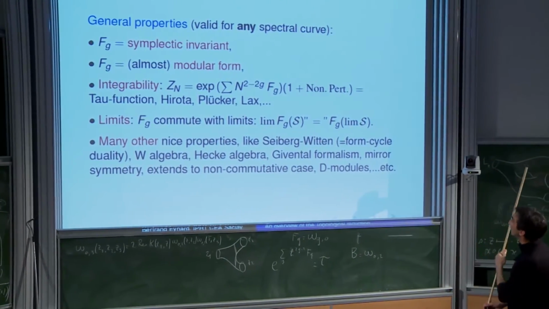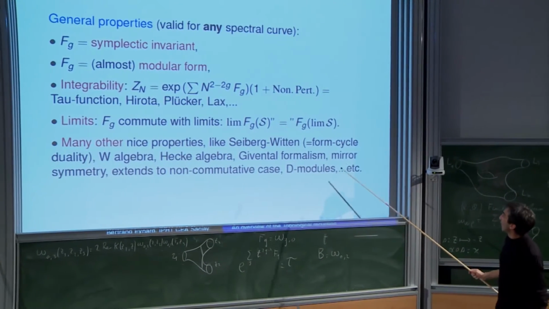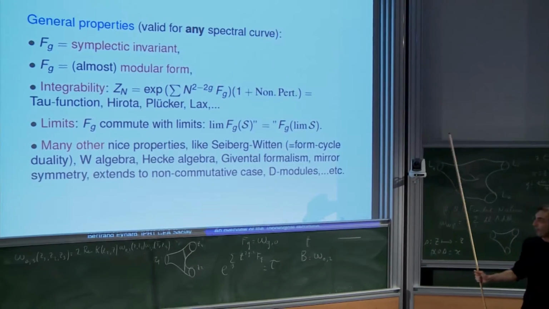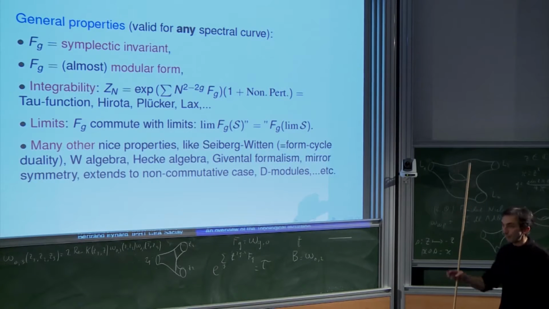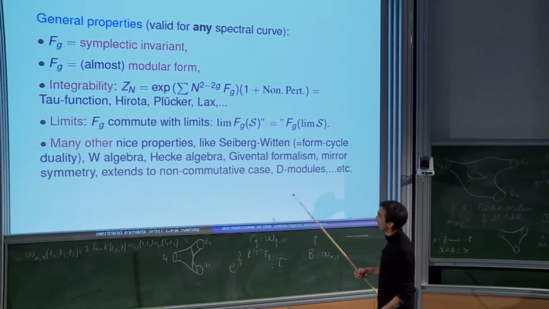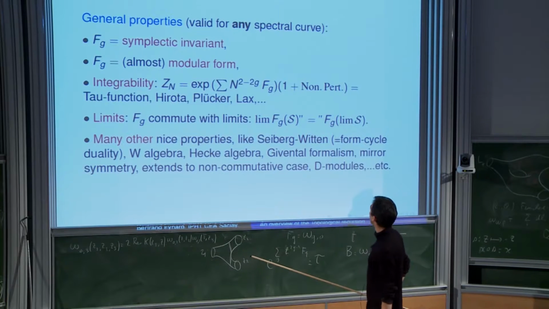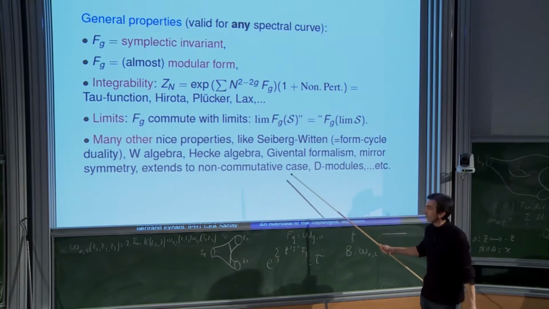So there are relationships with Seiberg-Witten equations. Well, the deformations, which I like to call form cycle duality, which some people call special geometry properties. Well, it's the deformation equations. I think you are going to talk about that tomorrow, probably. But these are really nice properties. You're also going to talk about the link with Givental formalism.